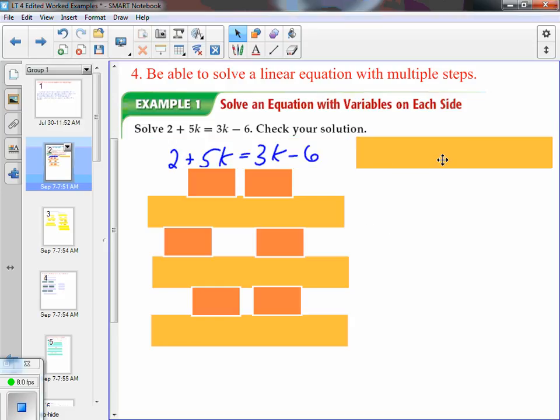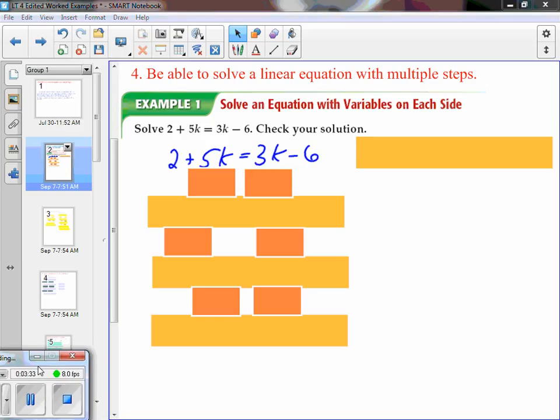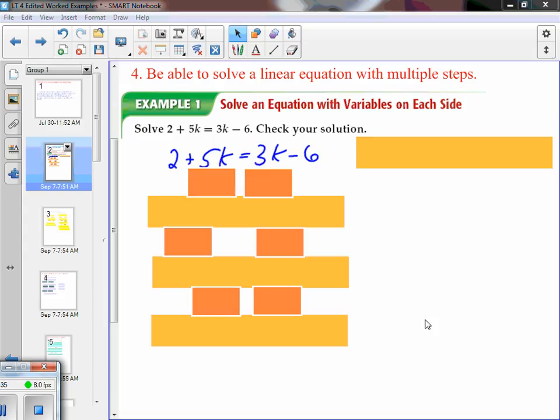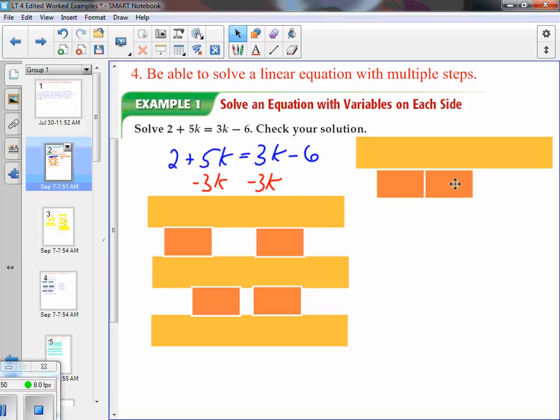So I start with the equation. There's no simplifying to do on the left side. There's no simplifying to do on the right side. What I want then is I want to get the terms with k on just one side of the equation. I'm going to subtract 3k from both sides. This is an example of the kind of thing where I'm not going to write that down all year long, that I'm subtracting 3k from both sides.